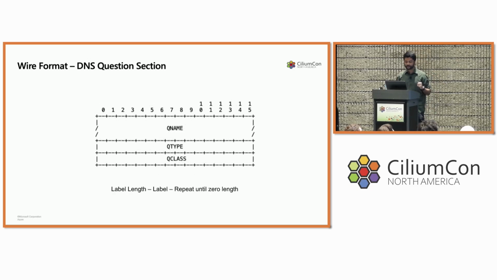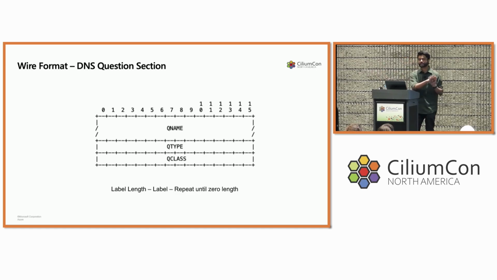If you look at the question section, there's something called QNAME. QNAME is basically the domain name you're trying to resolve. Let's say you're trying to resolve api.github.com. The way it works is you first have the label length, for api that is 3, then api, then the next length, which is GitHub's length, then there would be com with 3 for com, and then you would have 0.